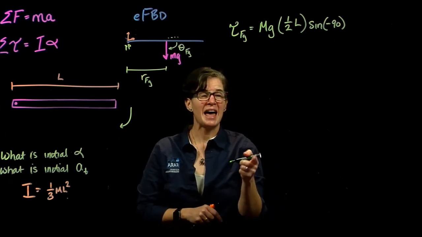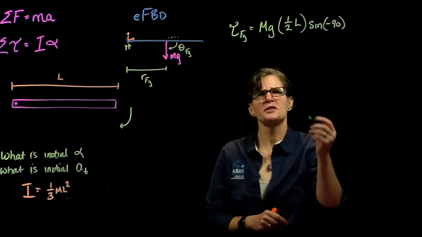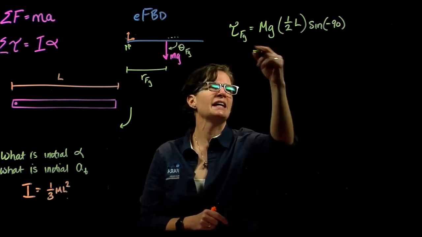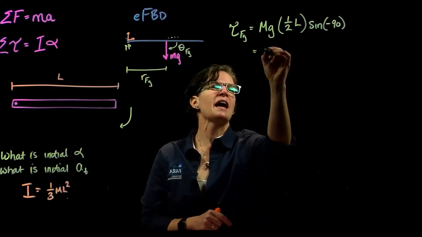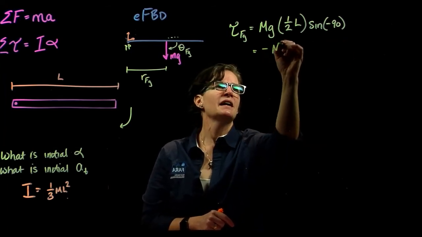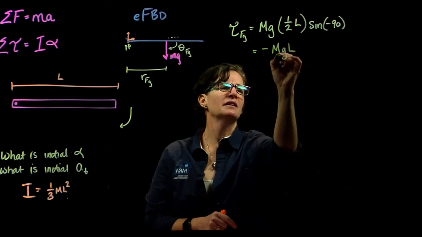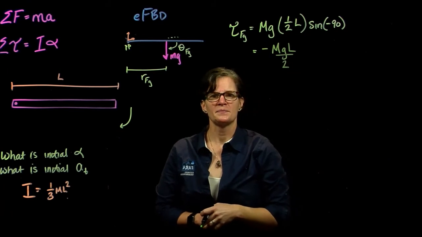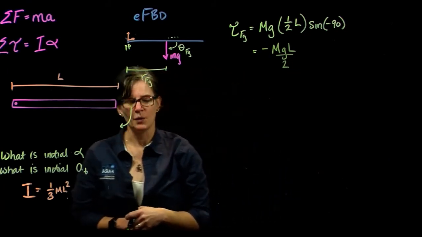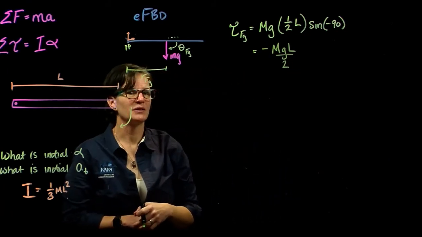All right, so that's our relationship for the net torque. So just putting this into a form that's easier to get rid of that angle, we have minus mgL over 2 as my net torque. All right, so that is our net torque.